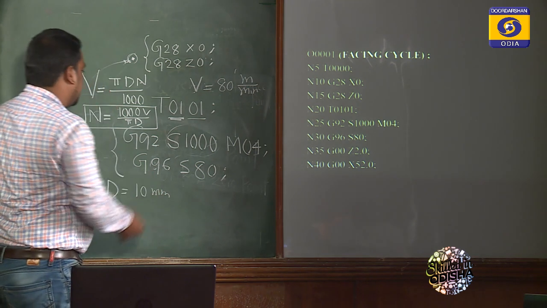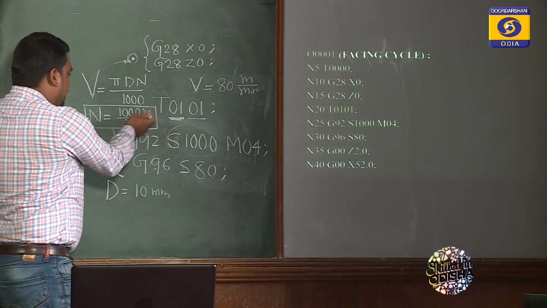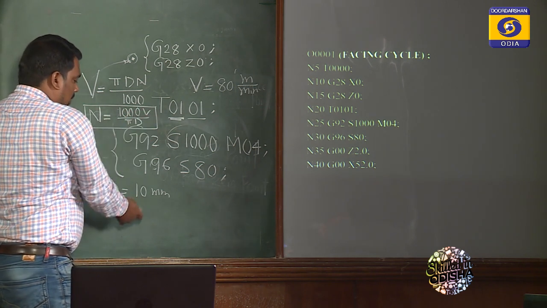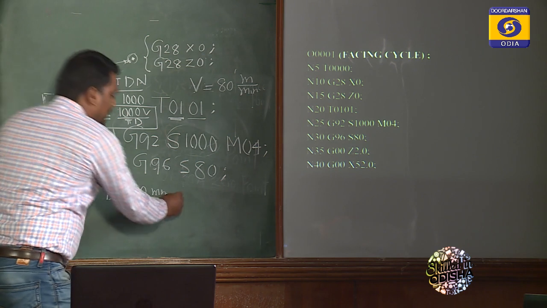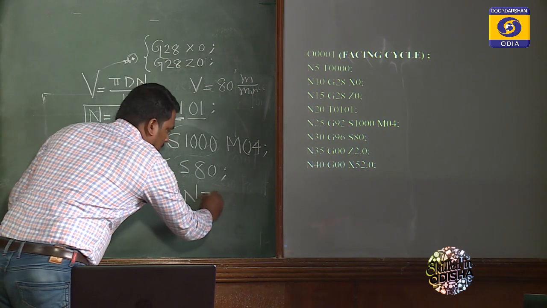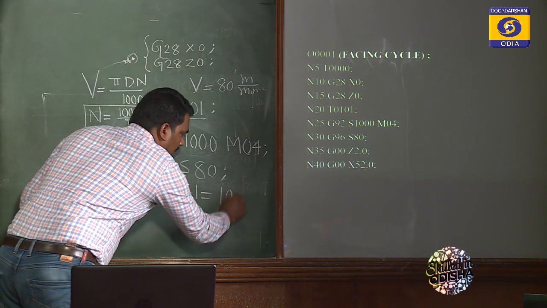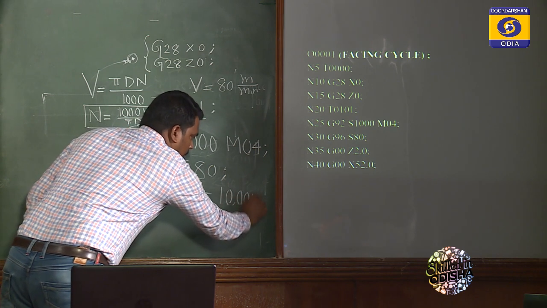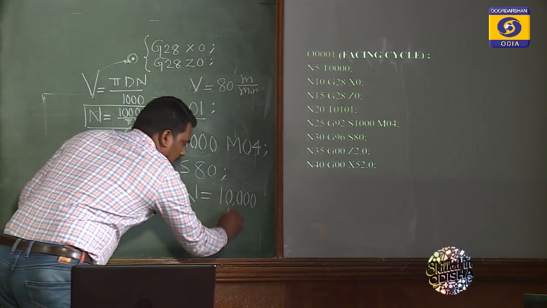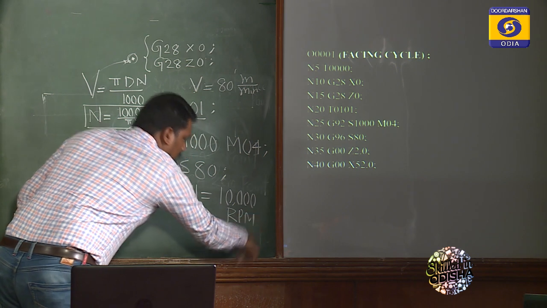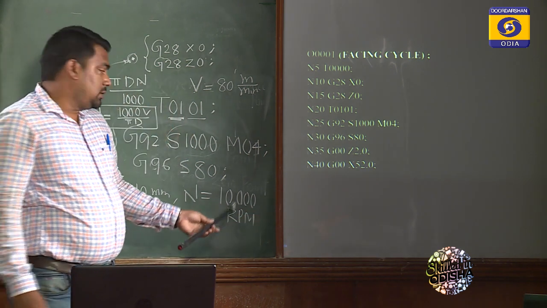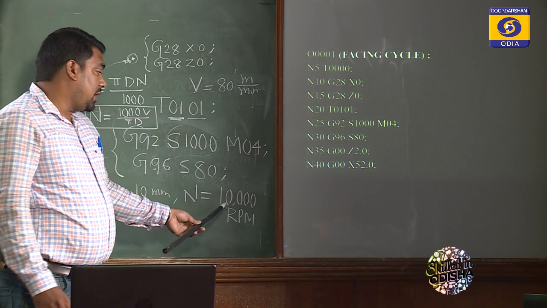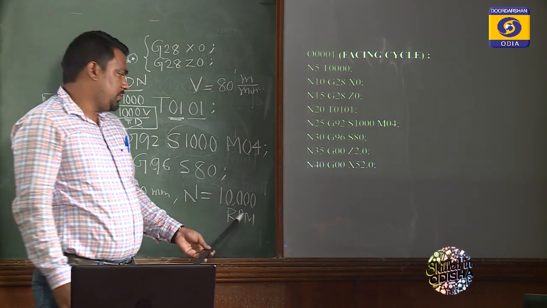Putting V for the dia 10 mm, I am getting the N value as 10,000 RPM. That means my machine must operate at 10,000 RPM, which is very high speed.